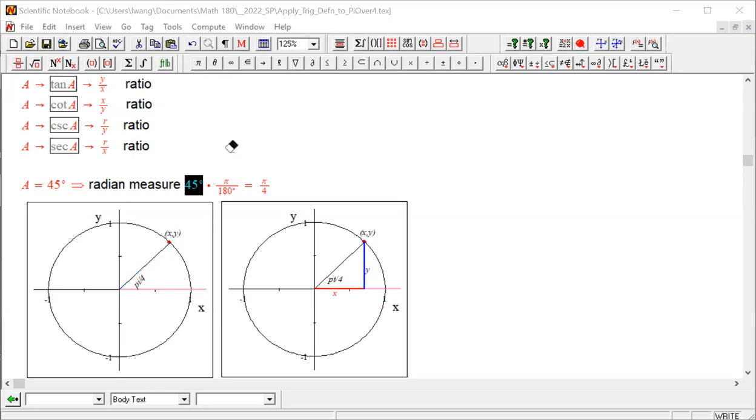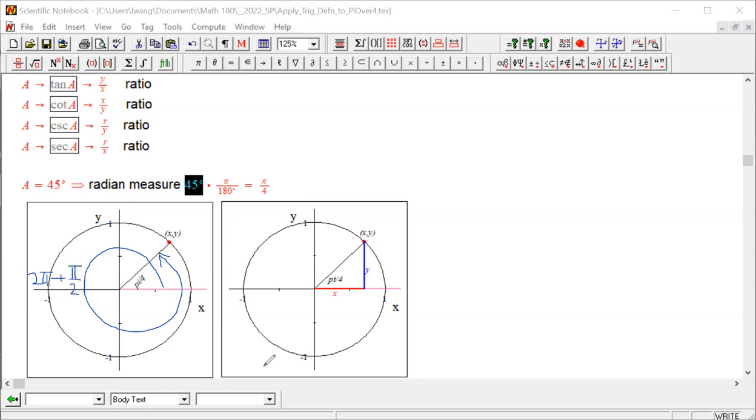This angle is measured just for our understanding. So what will this angle be? It's 2 pi plus pi over 4. So this angle is 2 pi plus pi over 4, that's our A.